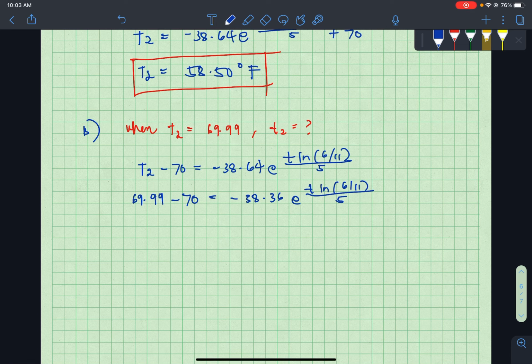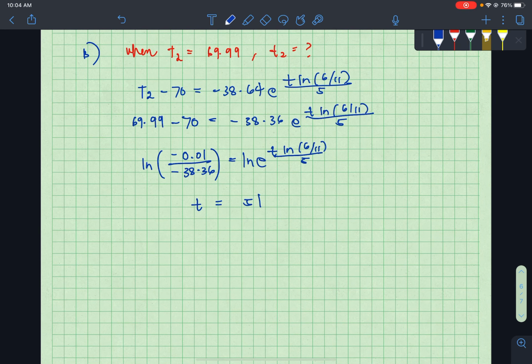So this would be negative 0.01 divided by negative 38.36 equals e raised to t ln of 6 over 11 divided by 5. Take the natural logarithm of both sides, so t will be equal to 5 ln of 0.01 divided by 38.36, and divide it with ln of 6 over 11.